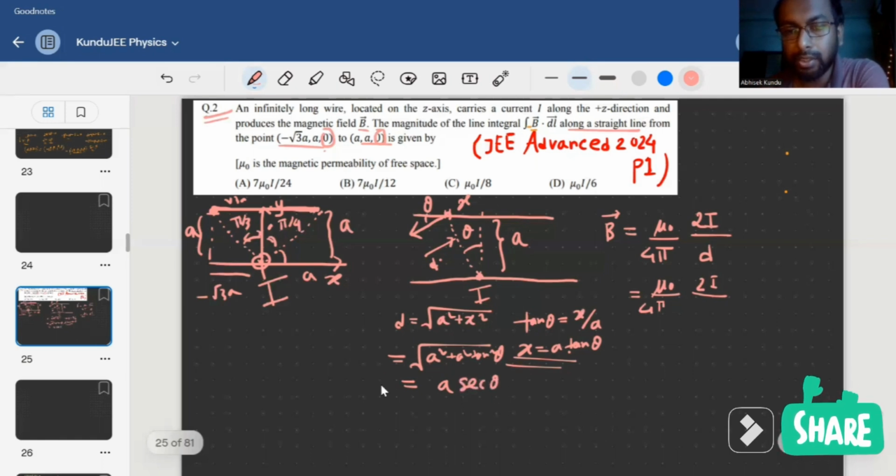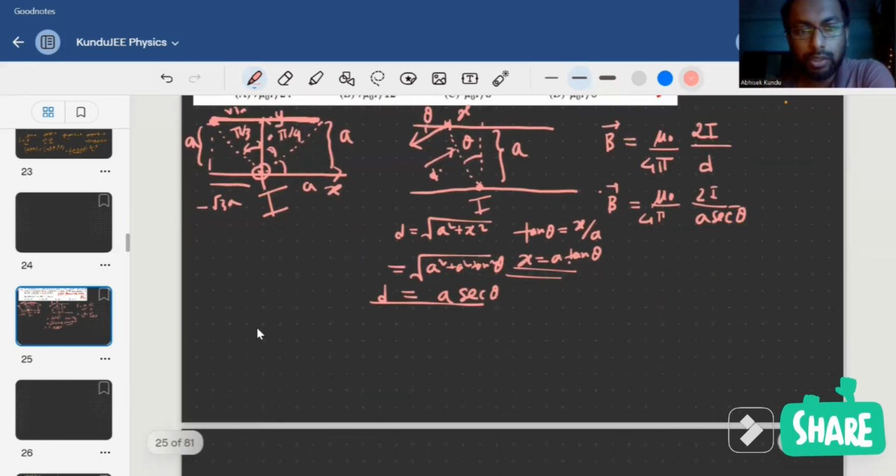So d, the distance of this point from the current carrying wire, is a sec theta. We have found B at any arbitrary point as a function of theta. Now we have to find the line integral of B dot dl.